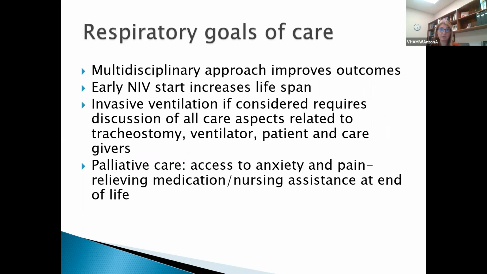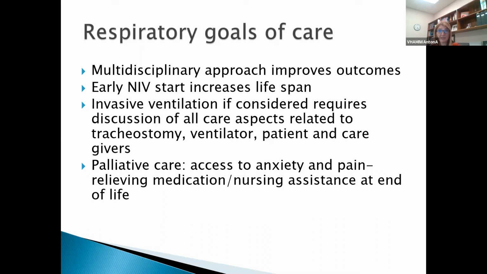So the respiratory is something that I discuss with our patients. Again, it's the conversation that we have between all the team members who provide care to patients with ALS. We know that a multidisciplinary approach improves outcomes. I share with you that early non-invasive ventilation works and improves survival.